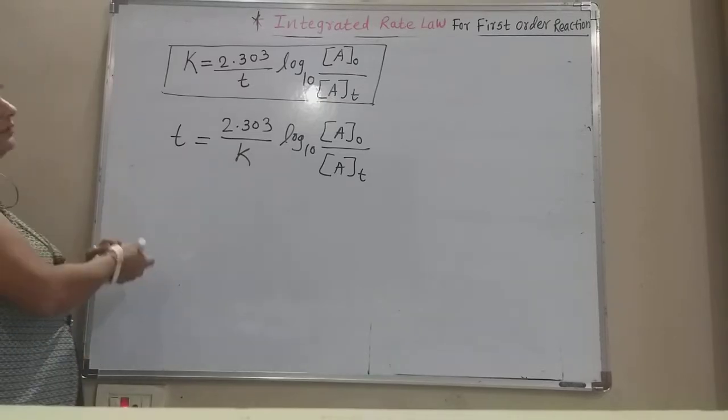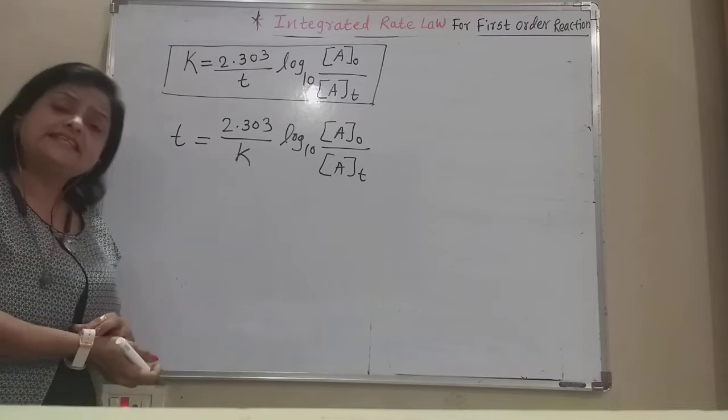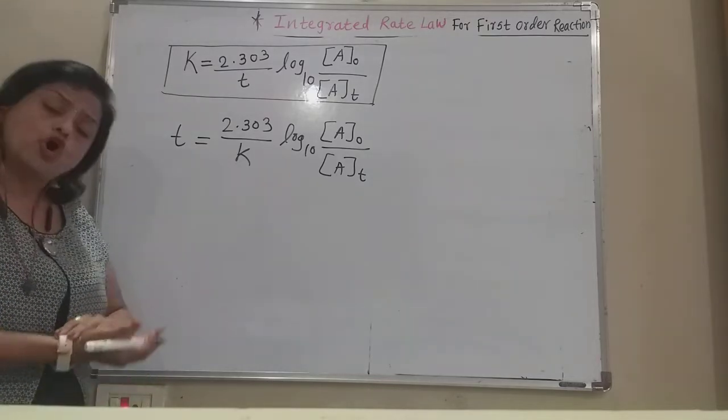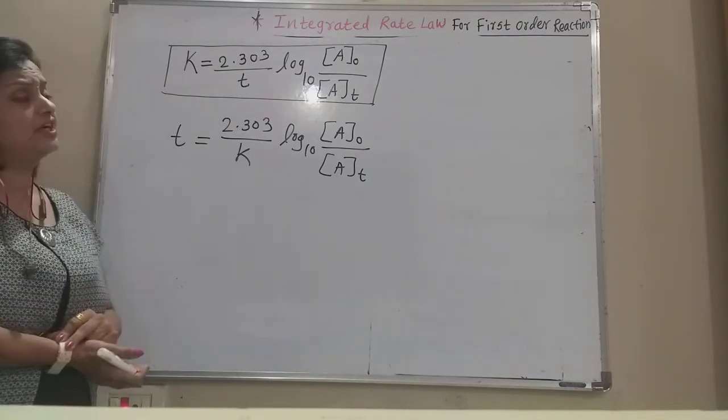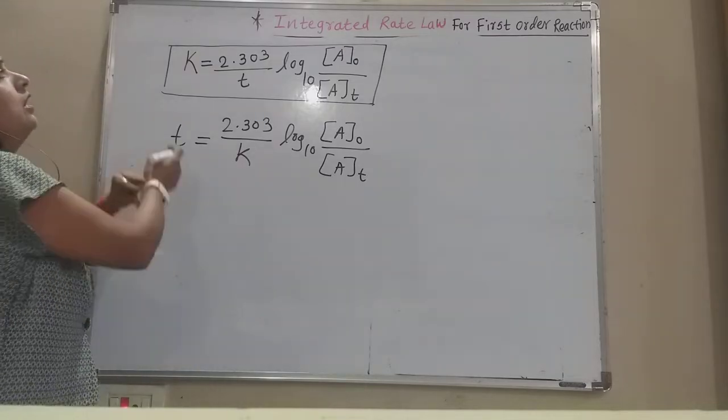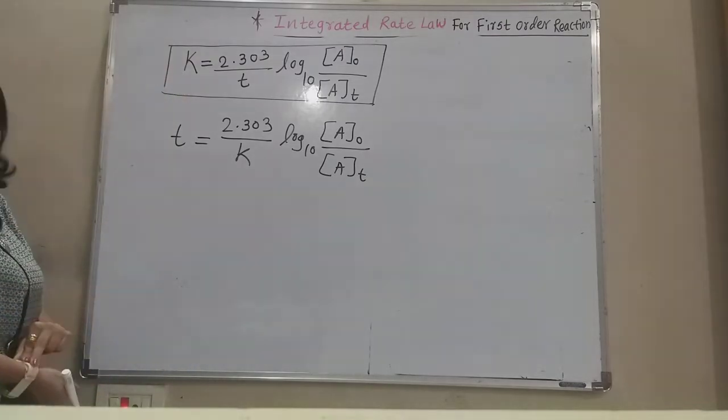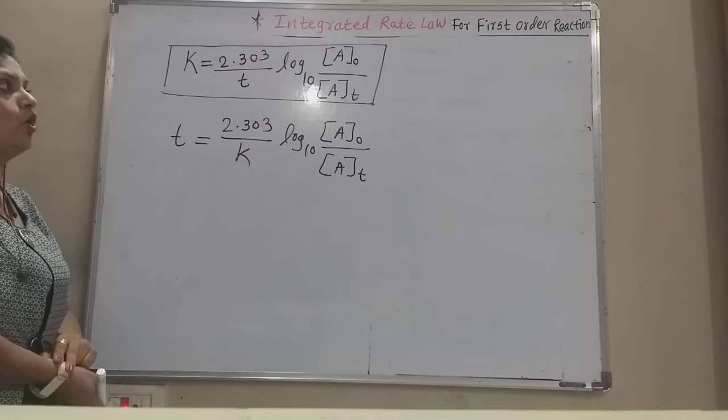Now see here, time is given in seconds, minutes, hours, or it may be in days, months and years, any. So what is the unit of this rate constant k?